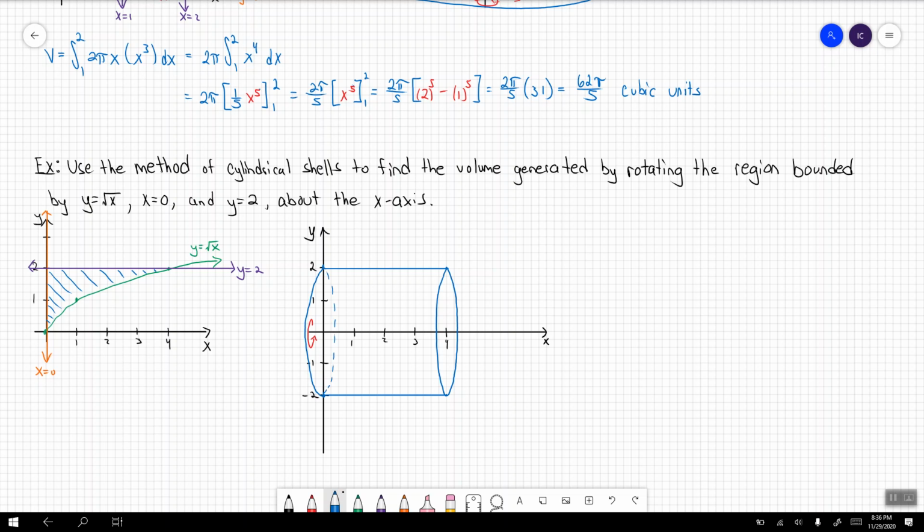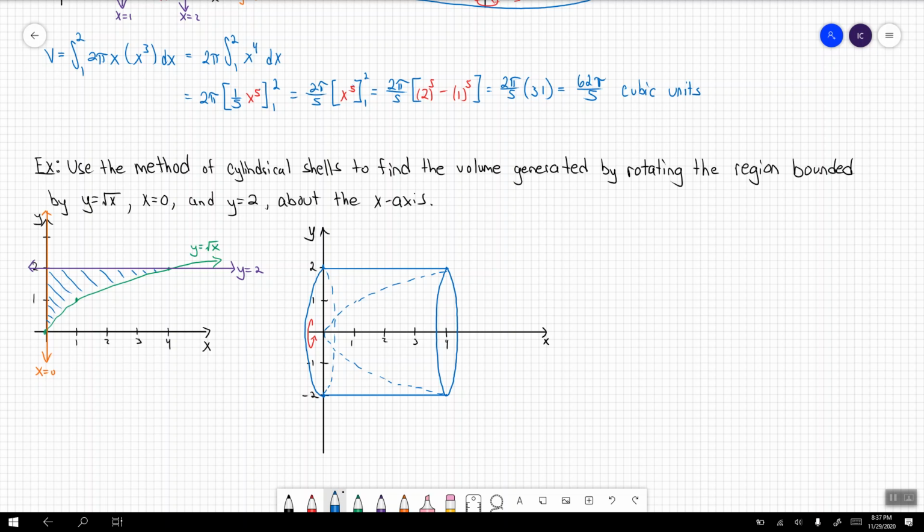The inside of this region is then rotating, but that rotation is modeled by that square root function. So it looks like we're creating this parabola right inside, and it's going to have an open figure for that parabola. Again, we've got to find the volume that's being generated by this region. It has an opening, and we're not trying to find the opening of this parabola. We're trying to find the volume that's generated outside of the opening for that parabola.